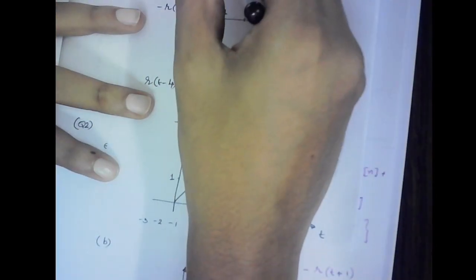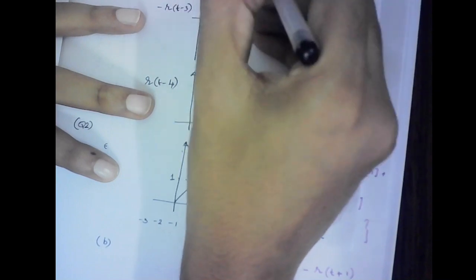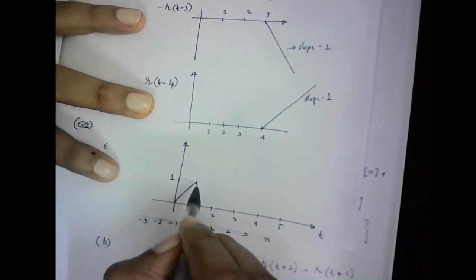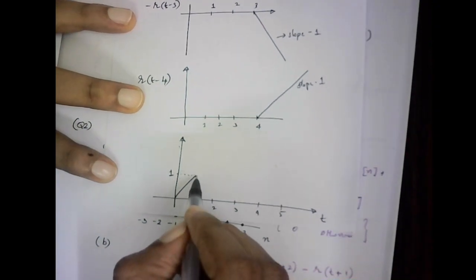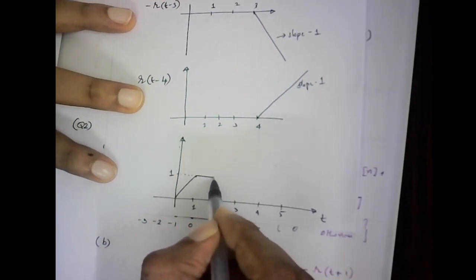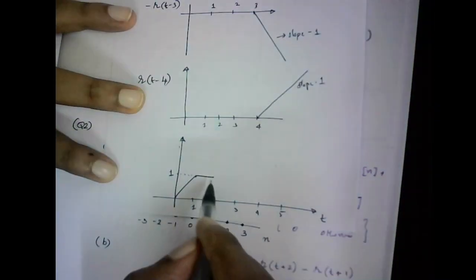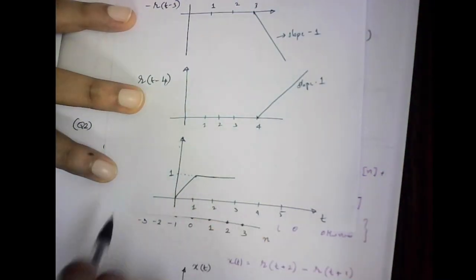After that you can see that slope is 1 and it is continuing. From 1 to 2 you have slope of minus 1 as well, so that the net slope becomes 0. Since the net slope is 0, you have a straight line like this, slope is 0. For 2 to 3 the same thing is repeating, nothing is changing, right? So 2 to 3 also it is the same thing.